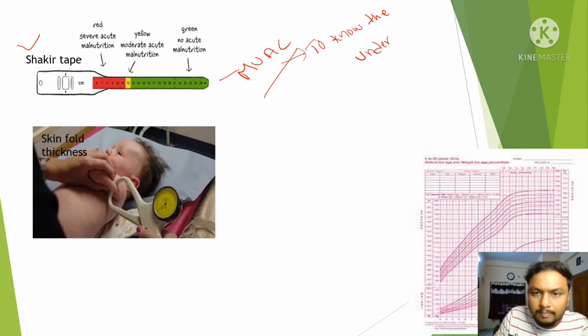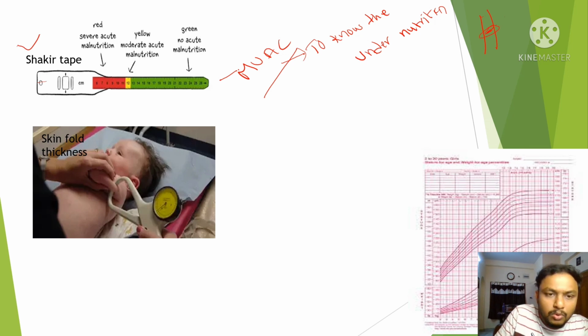This is a tape, and we will tie it at the arm. This is the upper arm. At the center part you will tie it and measure the mid-upper arm circumference, meaning the circumference surrounding it.